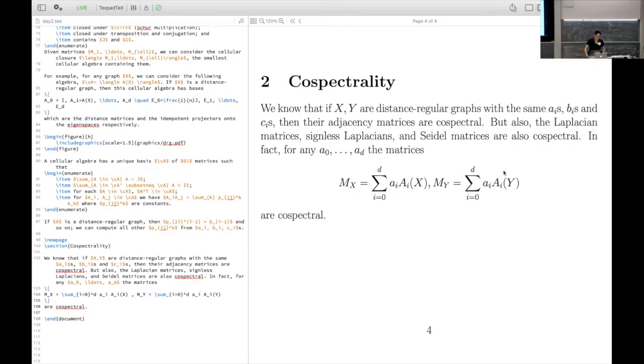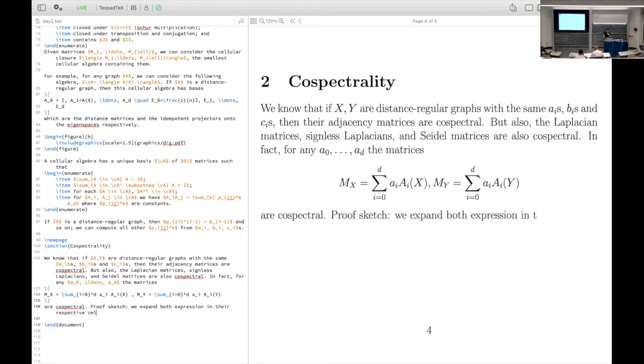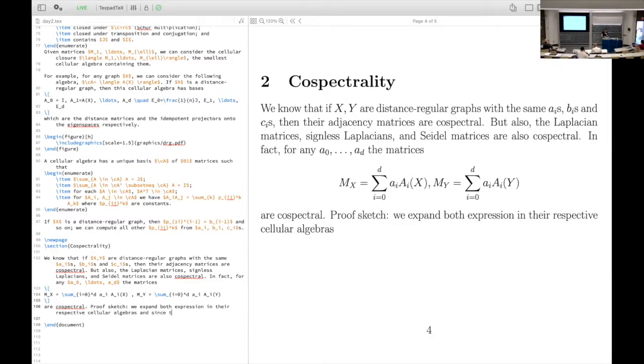So, a quick proof sketch of cospectrality: we can expand both expressions in the cellular algebras, and since the Q matrices, the eigenmatrices of the graphs, are the same, the eigenvalues will be the same coefficients we get in the other basis.